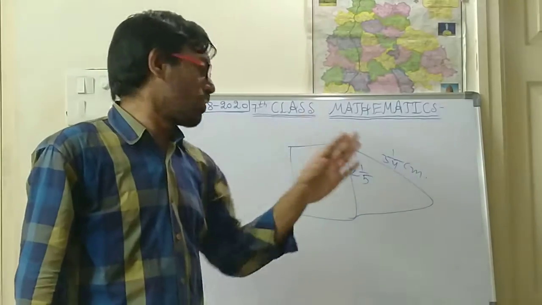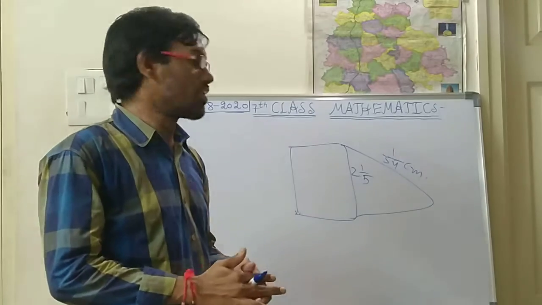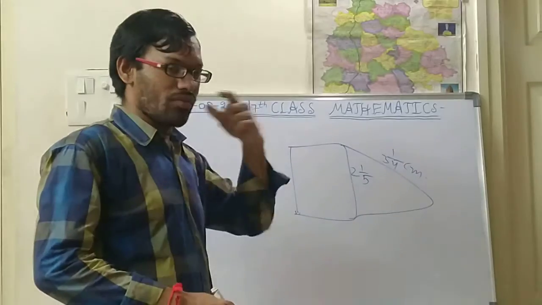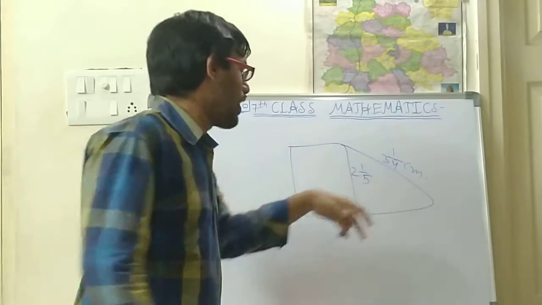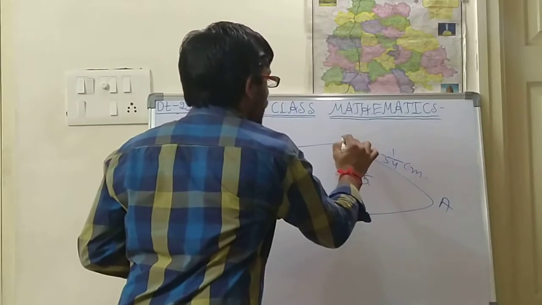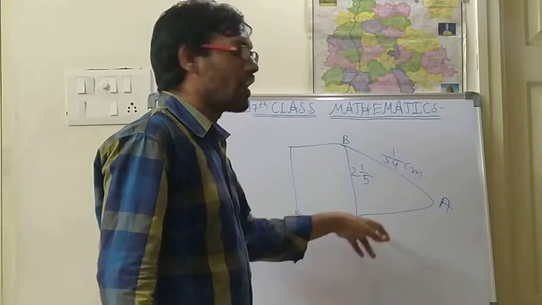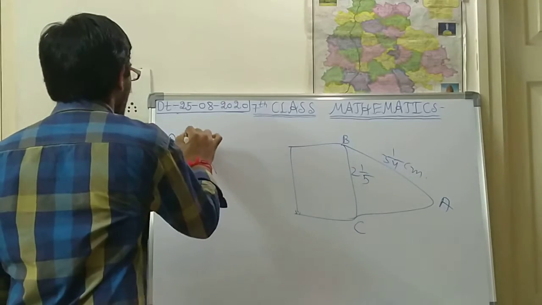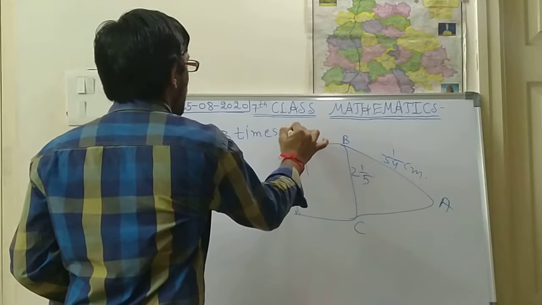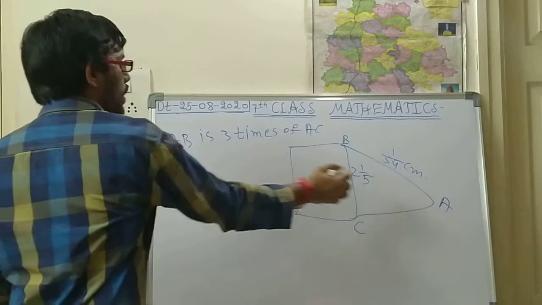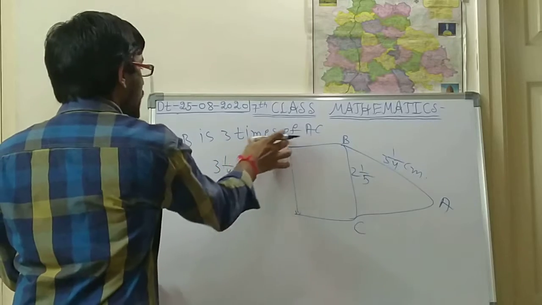This multiplication of fractions is very useful. For example, he will say one length A, B, C, and AB is 3 times AC. Here AB is 3 times of AC.